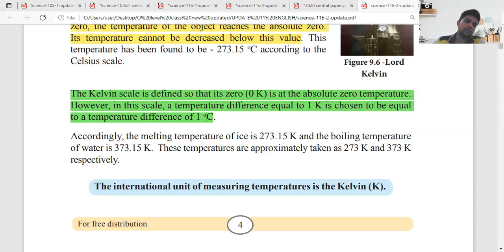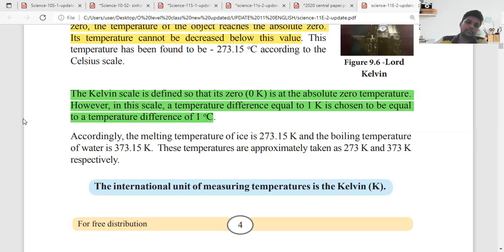Okay, write the next point. The Kelvin scale is defined so that 0 Kelvin is the absolute zero temperature.